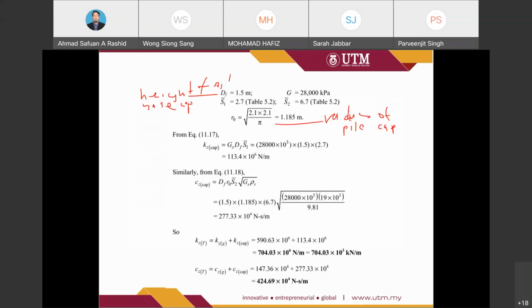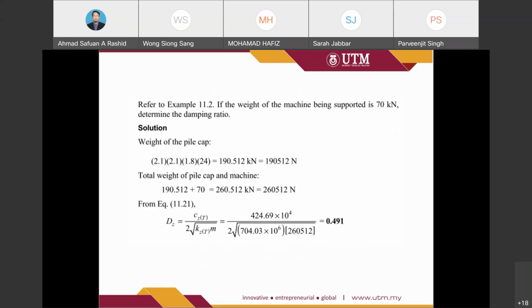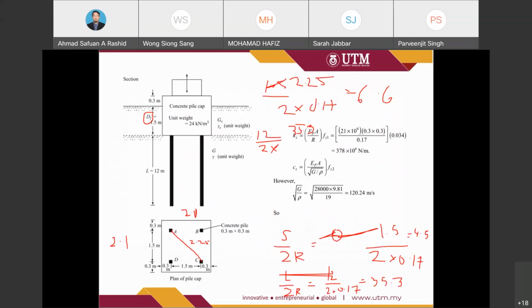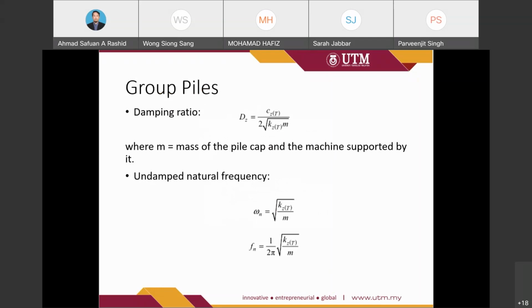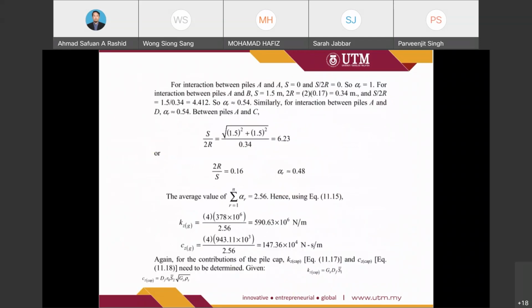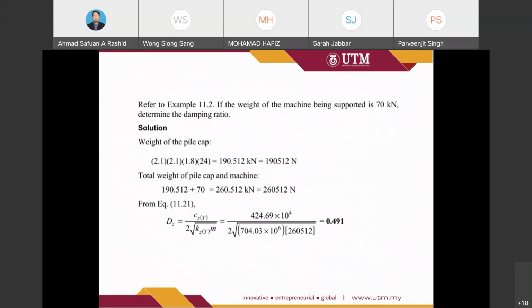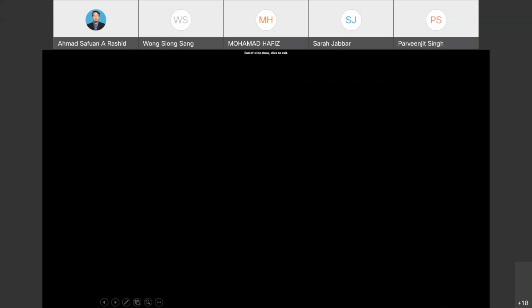The damping factor, because it is a ratio, doesn't have any units. So that's all for the machine foundation.